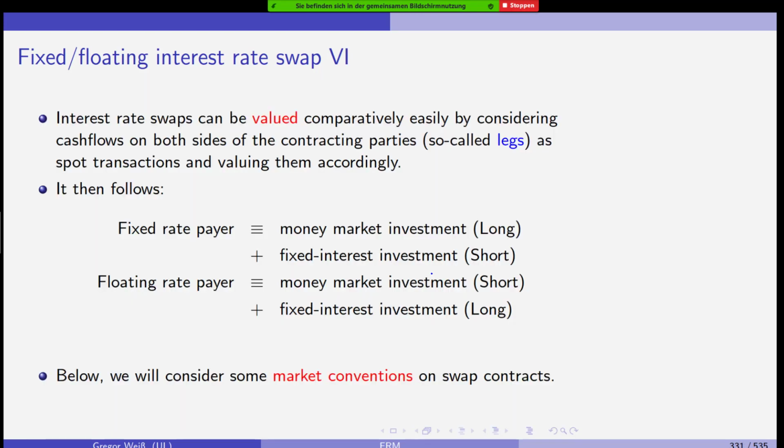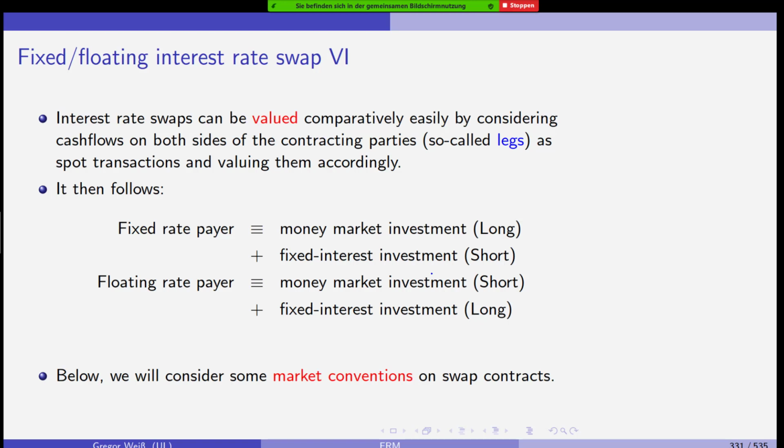Okay. Now, how can we price such a swap? Actually, quite simply. Interest rate swaps can be valued comparatively easily simply by comparing the cash flows from the two so-called legs, the fixed rate payer and the floating rate payer leg. The fixed rate payer is actually a money market investment, long, plus a fixed interest investment, short. Conversely, the floating rate payer is a money market investment, short, plus a fixed interest investment, long.